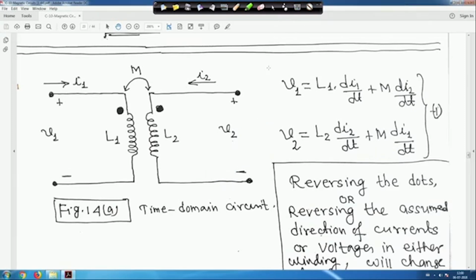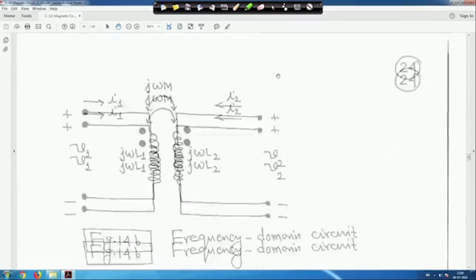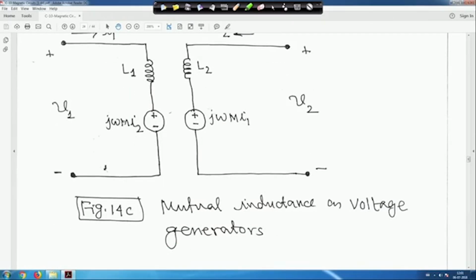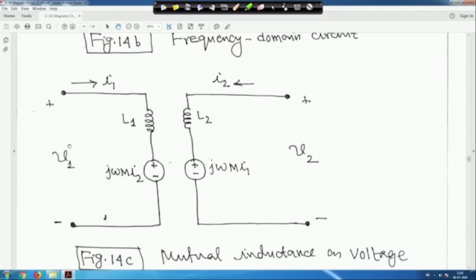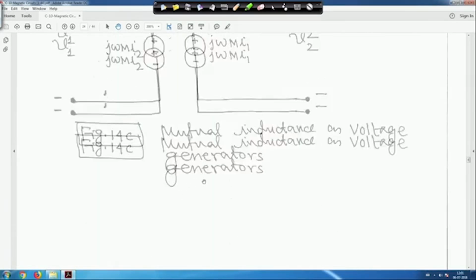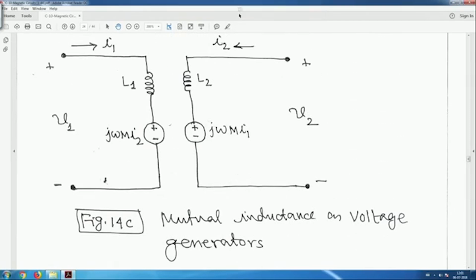So this equation is written. Then you can easily write I1 is equal to V1 divided by j omega L1 plus j omega M, that is V1 is equal to j omega L1 plus j omega M I2, right. If you write the equations here, later we will see how to solve them.